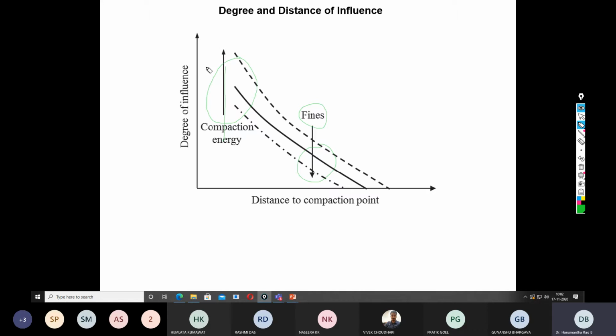That is called a more degree of influence. But within the same soil, if there is more fines content, there is a lesser degree of influence, because these fines will absorb the energy and thereby will not allow the transmission of energy in the lateral direction. So the fines content is a negative effect on the vibroflotation technique.